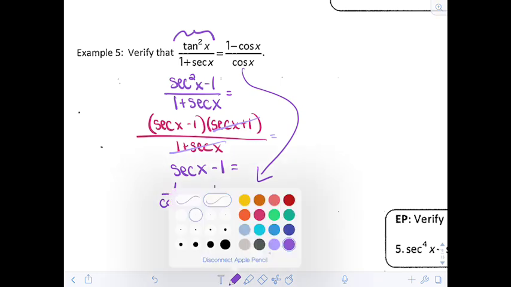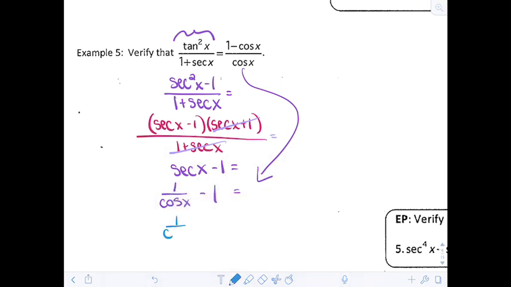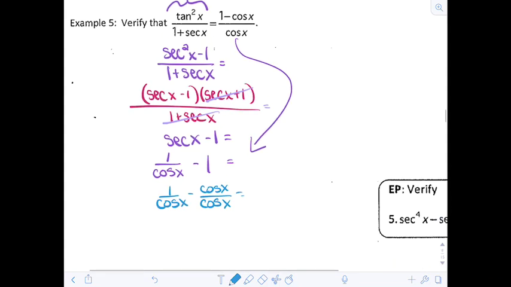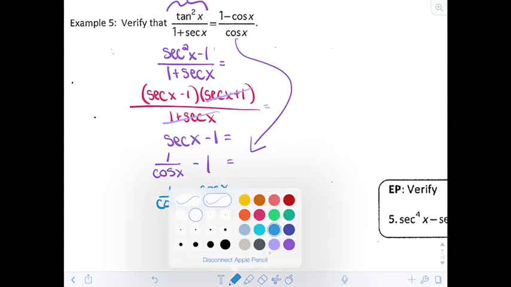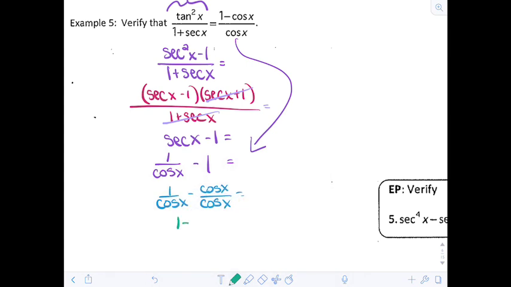So I'm going to turn 1 into the cosine of x over the cosine of x. And now when I combine them, I have 1 minus the cosine of x over the cosine of x. And I have my proof.